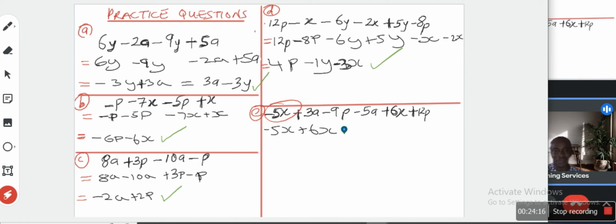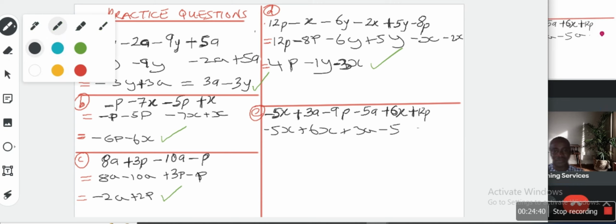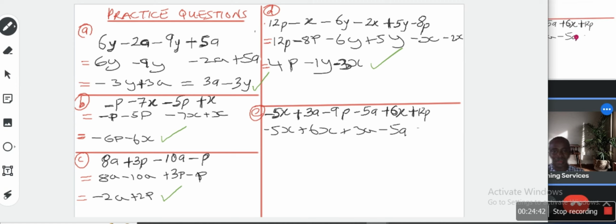Minus 5x and plus 6x, plus 3a and minus 5a, and finally, minus 9p and plus 12p. Okay, let me write it in smaller characters so that there will be enough space for it.